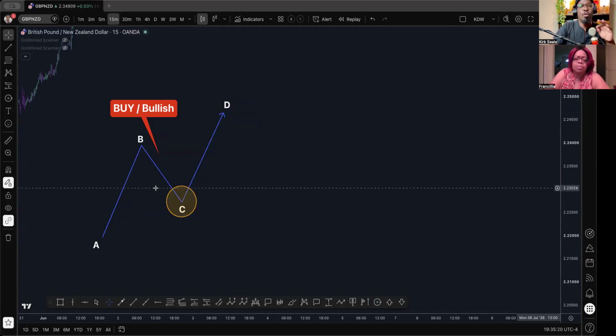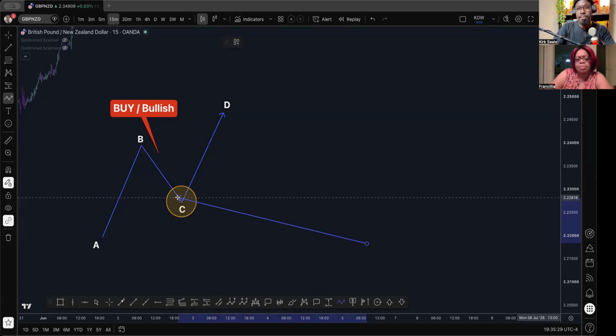That is the oversimplification of this whole game of trading. All you guys are looking to learn is how to figure out when C shows up. That is it. Because this is where you want to buy.